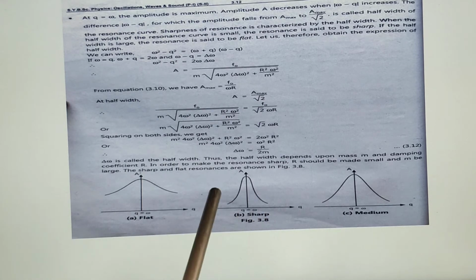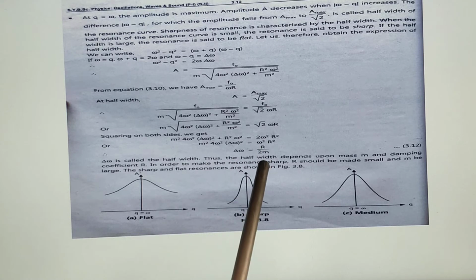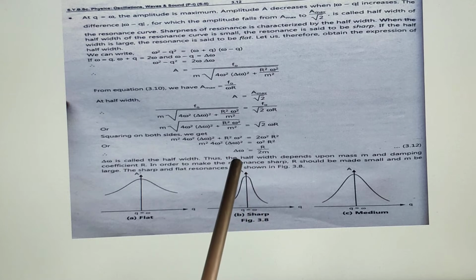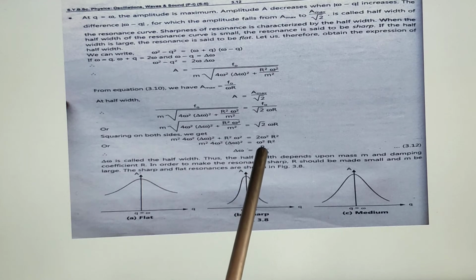Okay. Now here we have obtained the expression of half width, and that expression has the value delta omega equal to R upon twice M. So this half width gives the sharpness of resonance, and that depends upon damping coefficient R and mass of the oscillator.